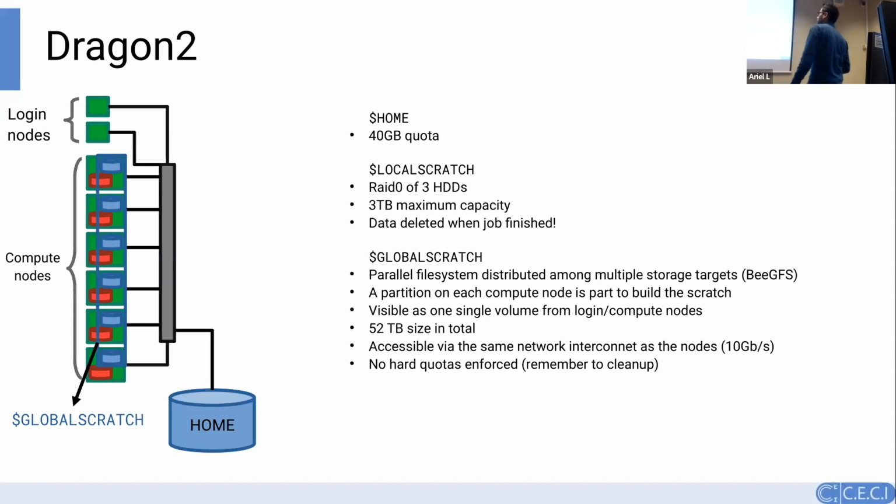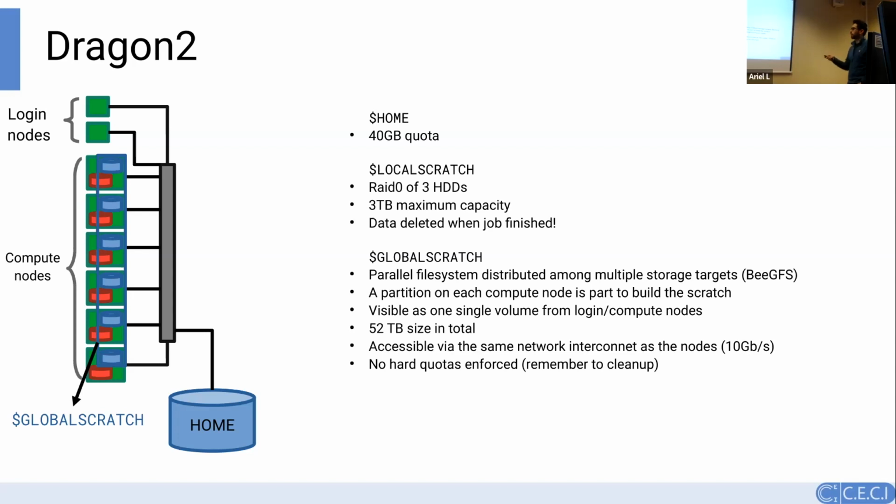And then the last CECI cluster, the one at Mons, available now, Dragon 2 at Mons. It has a kind of different setup, a kind of special setup for the global scratch.